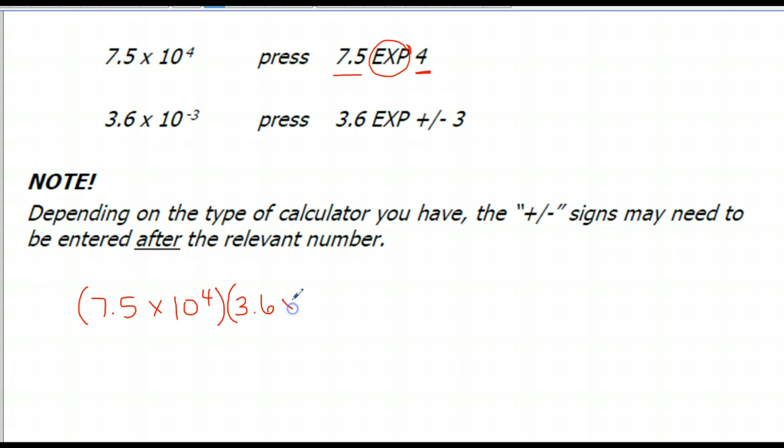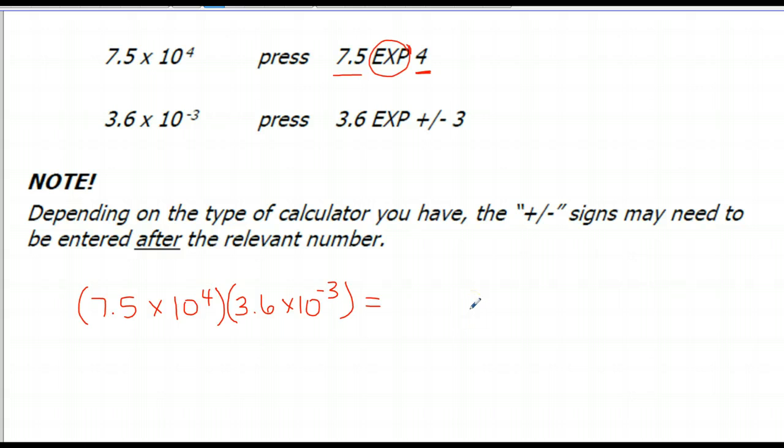And 3.6 times 10 to the negative 3. We're going to multiply these two numbers together, okay? Remember, numbers between brackets just means multiplication. There's no operation in between them. So use your calculator, using the exponent key, and multiply these numbers, and make sure that you can come up with a final answer.